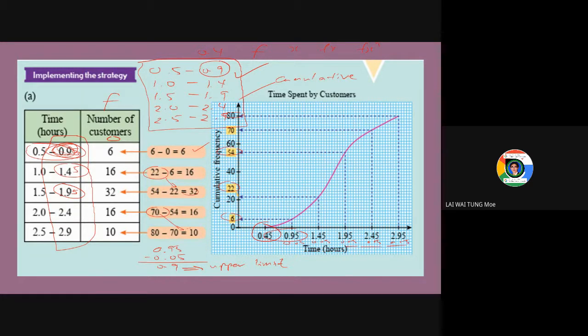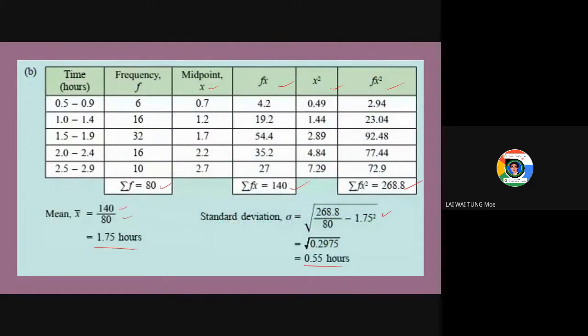This is the difference. Once you get the class interval and frequency, the rest is the same as the previous exercise: find x, fx, x squared, and fx squared, and then the mean and standard deviation.